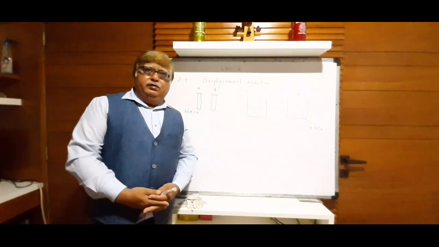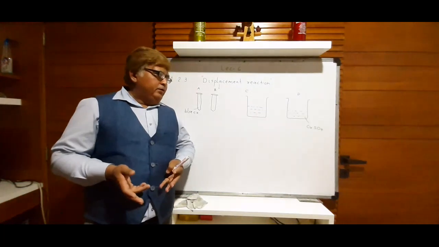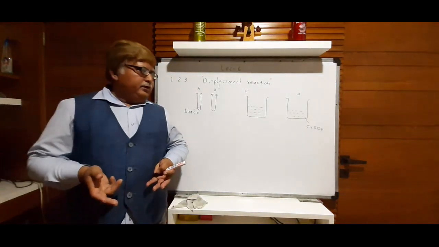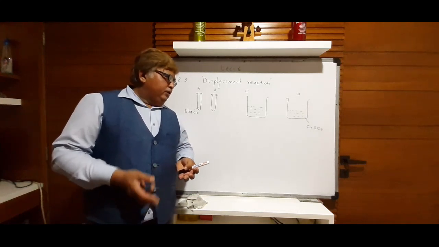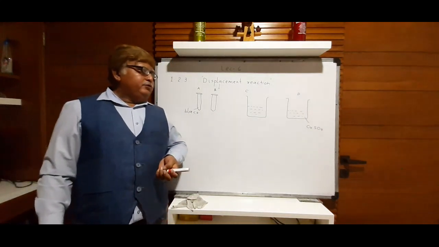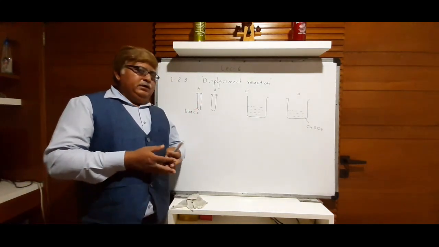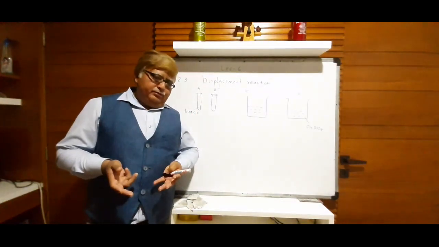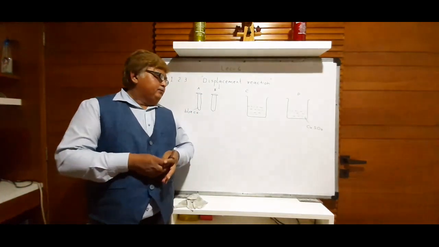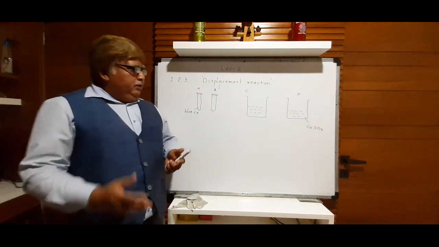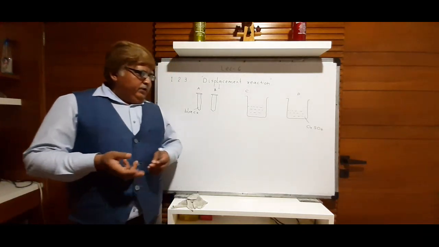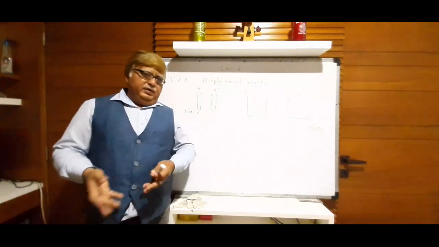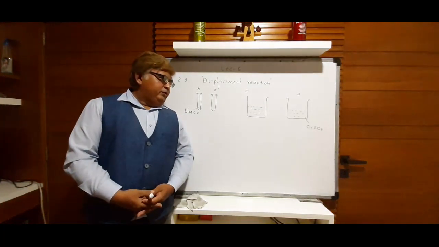In both the beakers C and D, you have taken copper sulfate solution, okay? And obviously, you have taken two iron nails also. Just to understand, we have labeled them as A and B. Now, the activity or experiment, this is the apparatus arrangement as I have drawn here.